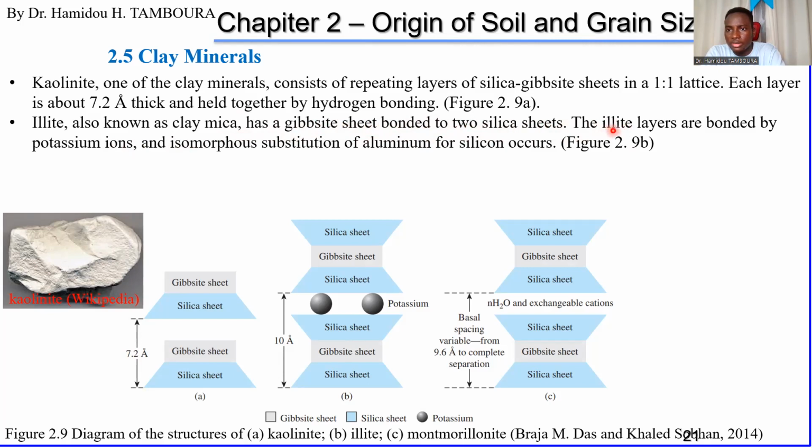The illite layers are bound by potassium ions. So we can see here two silica sheets and one gibbsite sheet, and between them we have potassium.